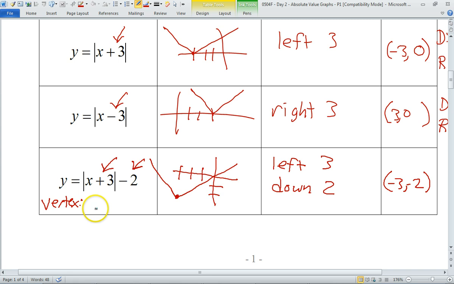Everybody look at this, absorb this extra little piece of information. Remember the vertex? We used to look at this and say, it's always the opposite of this one, comma, this one. Okay? So if I look at an absolute value function, I could always just do the opposite of the one on the inside, and then keep the one on the outside the same. That's another way to look at finding the vertex.